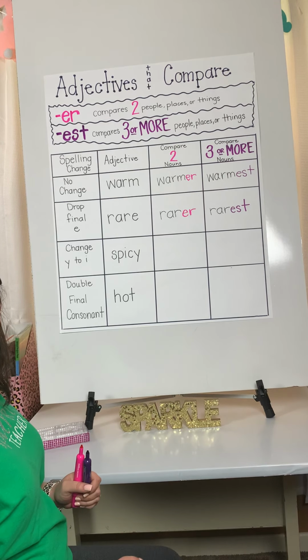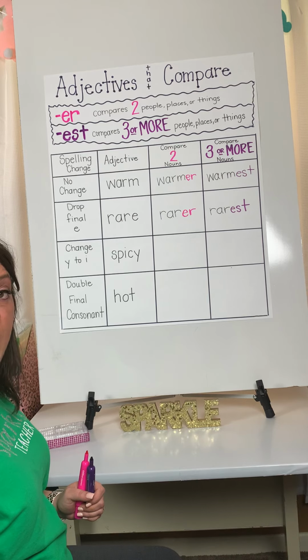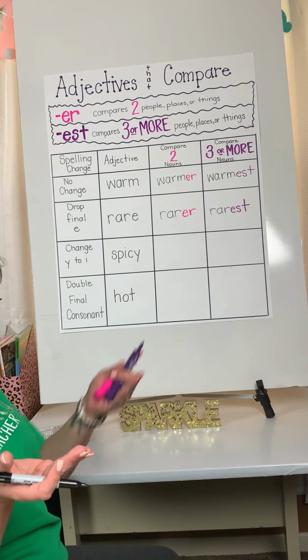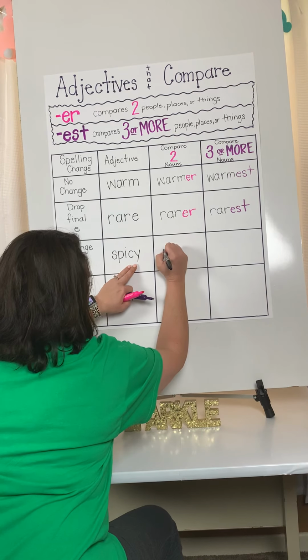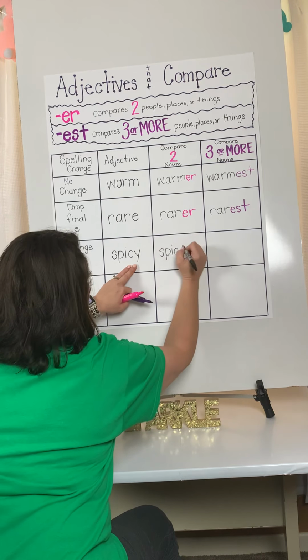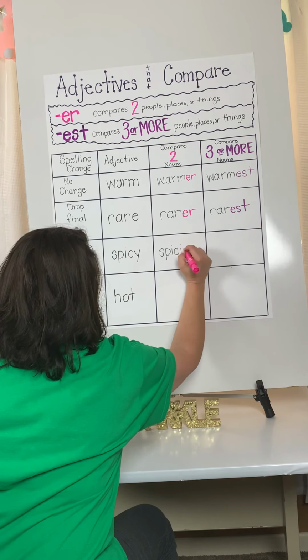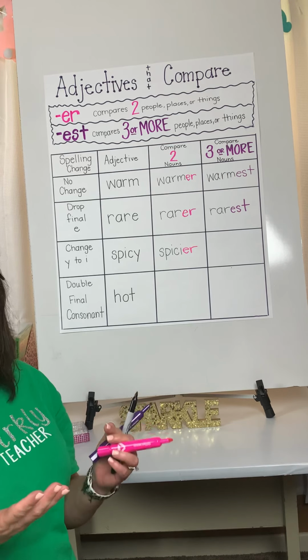If we say this taco is spicier than the other one, we're comparing this taco with one other taco. We change the Y to I and add ER because we are comparing two tacos.